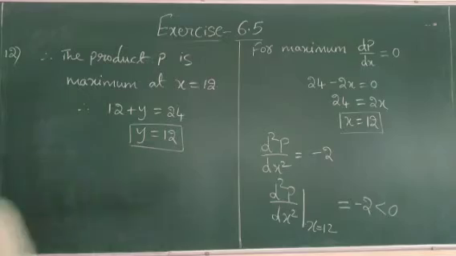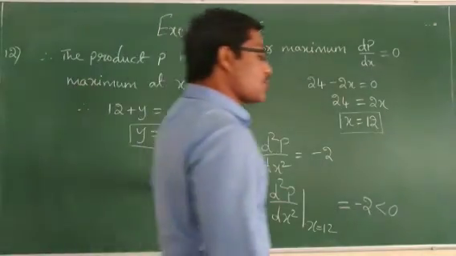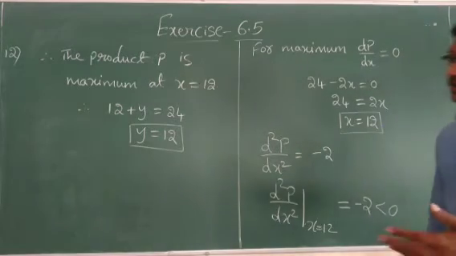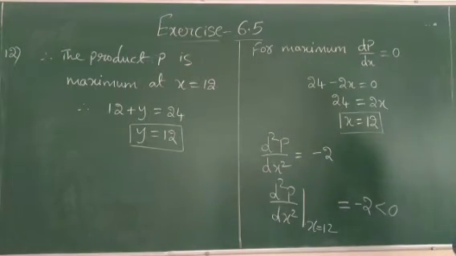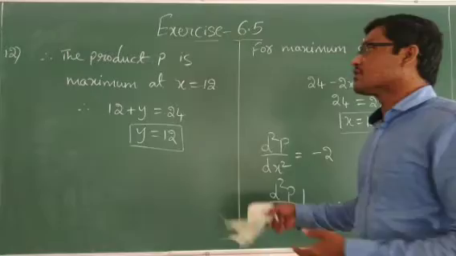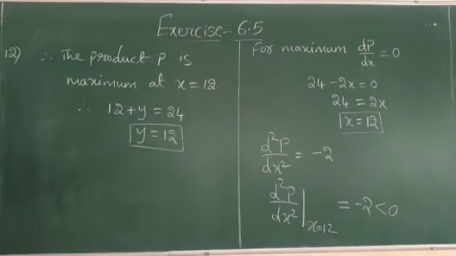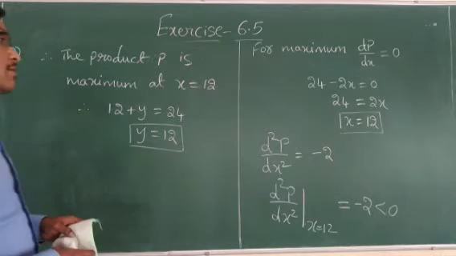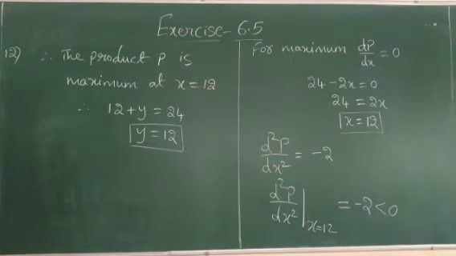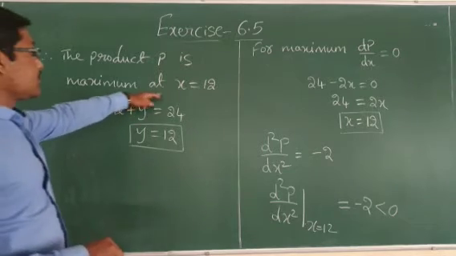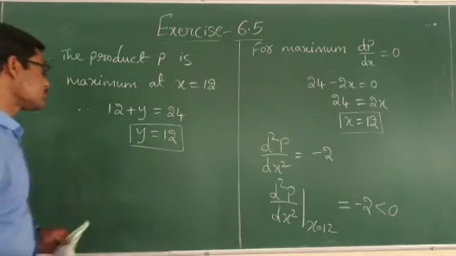We have done this type of problem even in examples also. There also we have taken whose sum of squares is maximum. There also we have seen exactly at half. If you take exactly half, there we will get the maximum. So here the product also we are getting when x equal to 12 and y equal to 12.